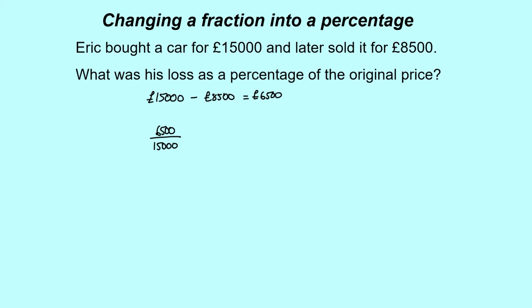The bottom number is the original price he paid, and we multiply that by 100 to convert it into a percentage. So 6,500 divided by 15,000 times 100 gives us 43.33333, so we'll say 43.3%. His percentage loss compared to the original price was 43.3%.